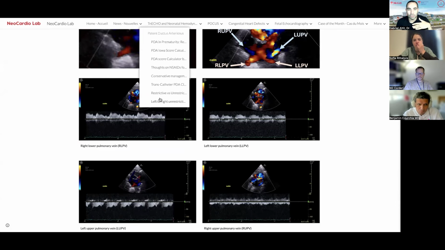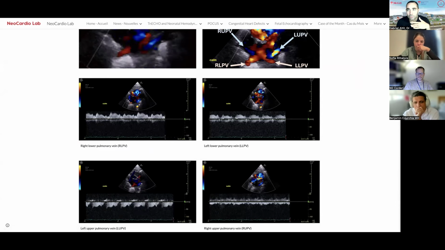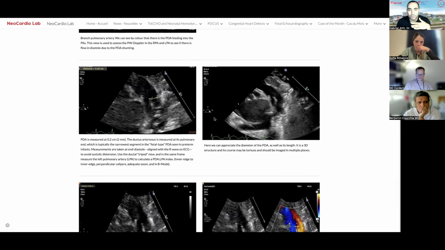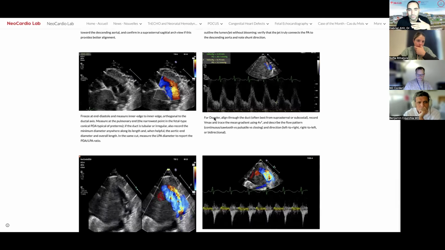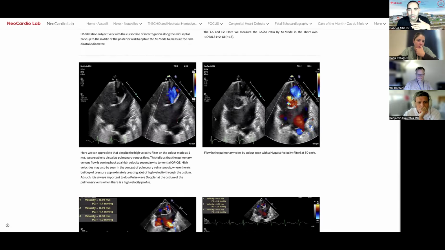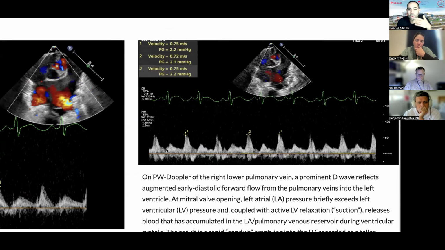So if you look here in the section left to right PDA, and you go into the pulmonary venous flow here, you can see how you get these different velocities. Typically the beginning is the S velocity just after the QRS, and then you get a diastolic velocity. Diastolic velocity means what? It means the mitral valve has opened. So the gates are open.